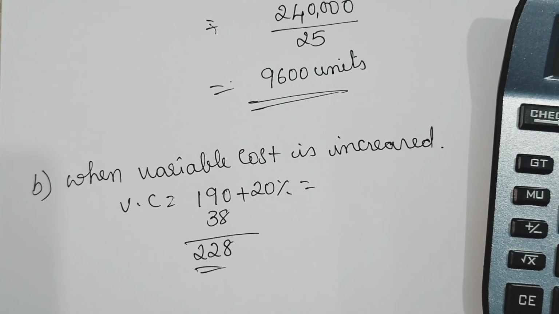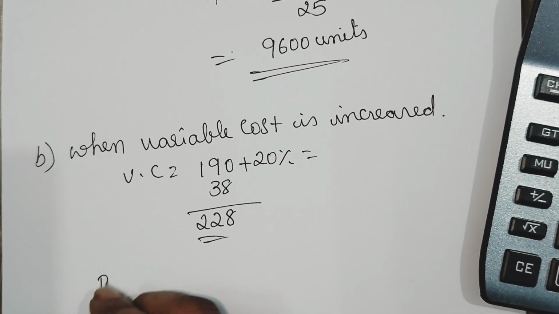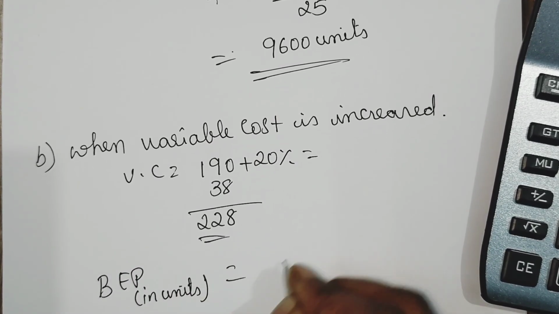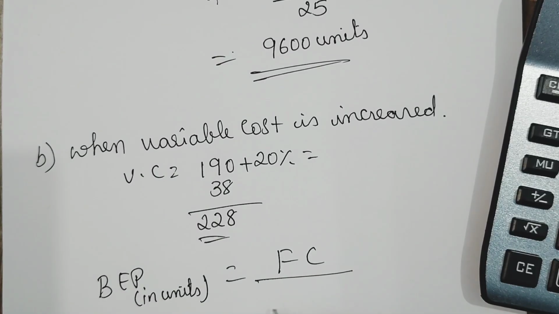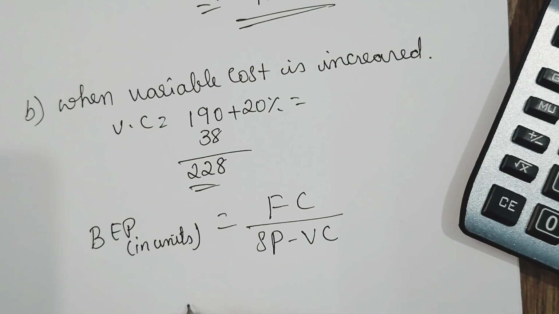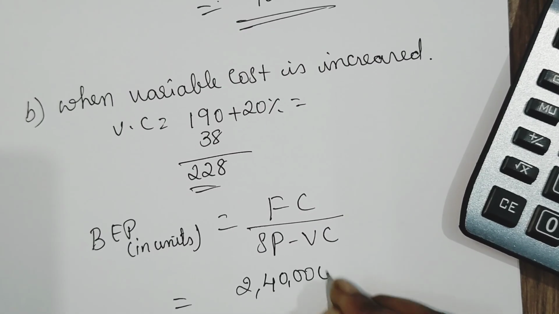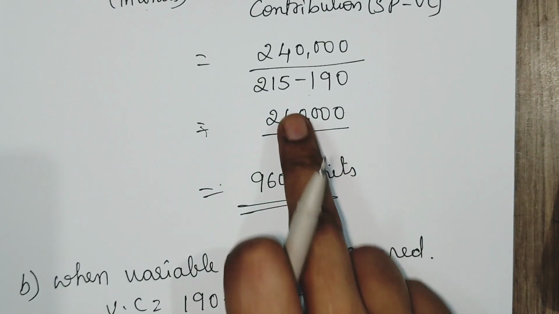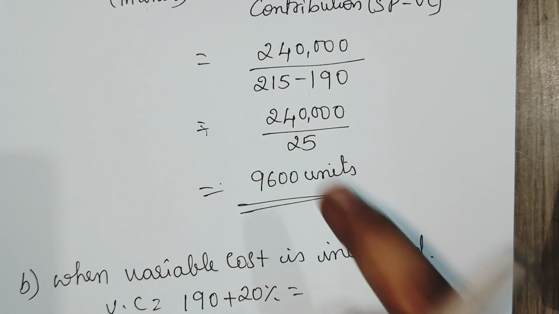Let us find out the units. The formula is BEP in units equals fixed cost divided by selling price minus variable cost. Fixed cost is 2,40,000. Selling price is 230; the original one you have to take, not the new one you found for that particular adjustment.